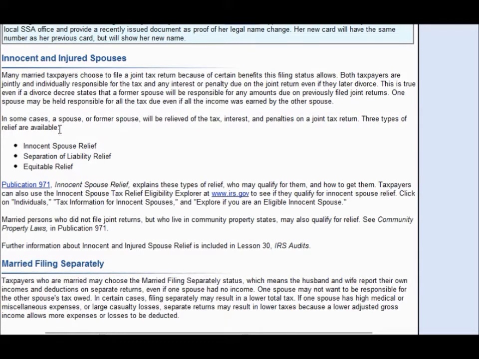In some cases, a spouse or former spouse can be relieved of the tax, interest, and penalties on a joint tax return. 3 types of relief are innocent spouse relief, separation of liability relief, and equitable relief. Note, extra publications, such as 971, can always be found on www.irs.gov.